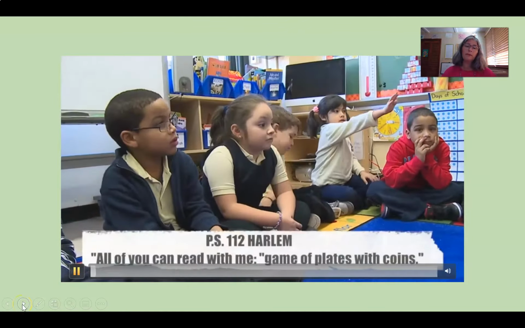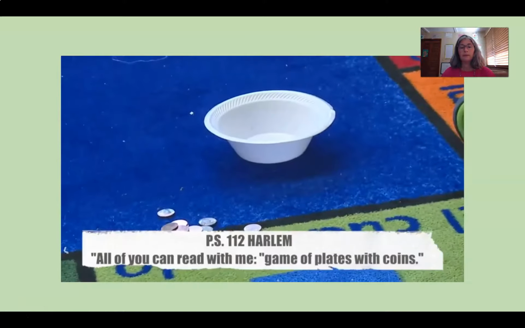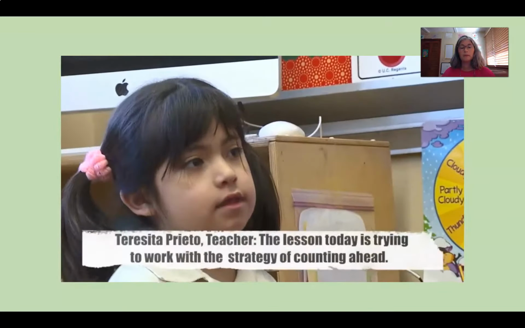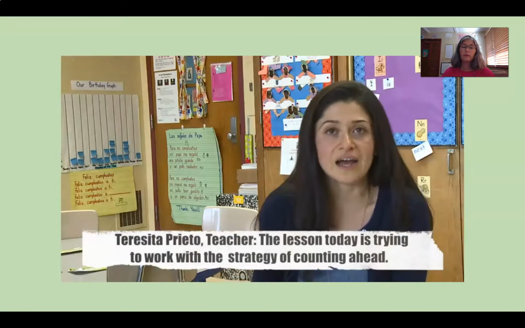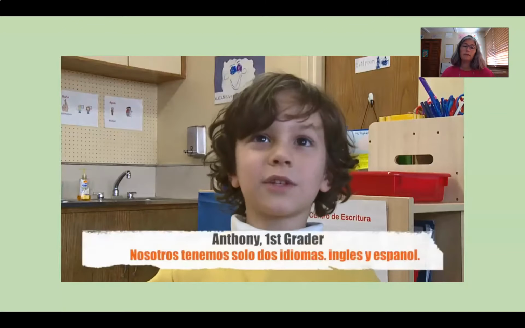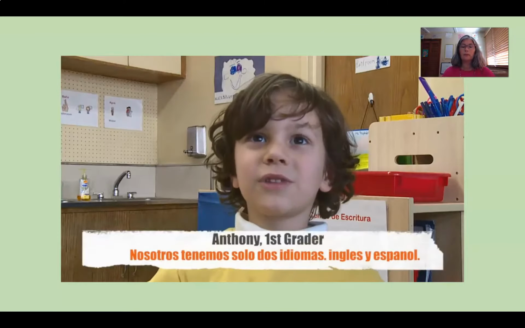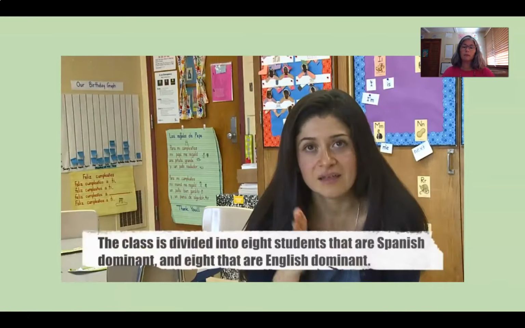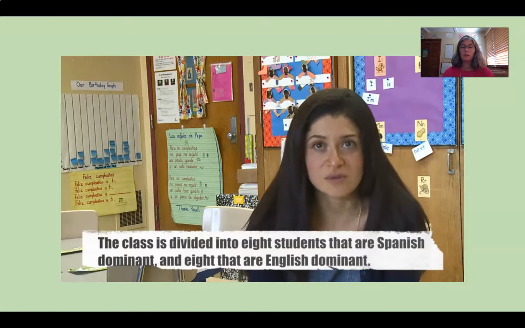Todos pueden leer conmigo. Juego de plato de monedas. La lección de hoy estaba tratando de trabajar con la estrategia de contar hacia adelante. We have just 2 languages, English and Spanish. La clase se divide en 8 estudiantes que dominan el español y 8 estudiantes que dominan inglés.